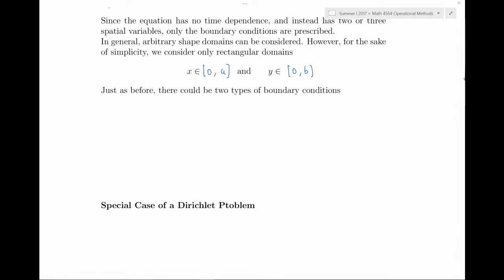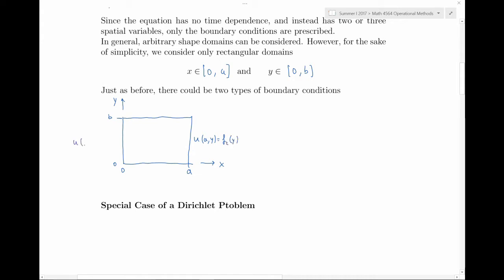The boundary conditions prescribed on those boundaries can be either the function u equals something, or its derivative equals something. But here we have to be careful. If we have a rectangular domain, when we prescribe the function at each one of the boundaries, it's not just a constant value, it has to be a function of x or y. So for example, when we take x equals a, it has to be a function of y.